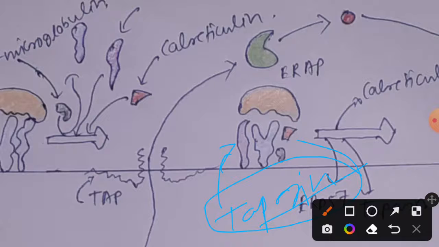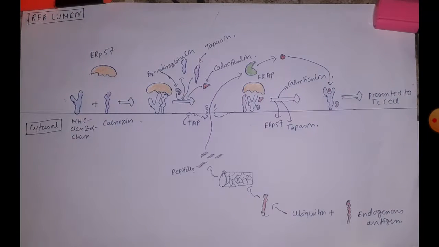So this TAP associated protein will bring the TAP transporter into close proximity of class 1 alpha, so that the class 1 alpha chain can easily take the antigen from the cytosol to its peptide binding groove. Clear? So that is the entire process of endogenous processing or cytosolic processing of antigens in the case of the MHC class 1 molecule.